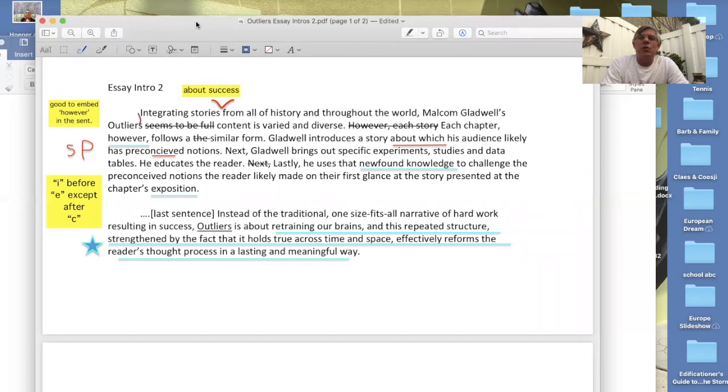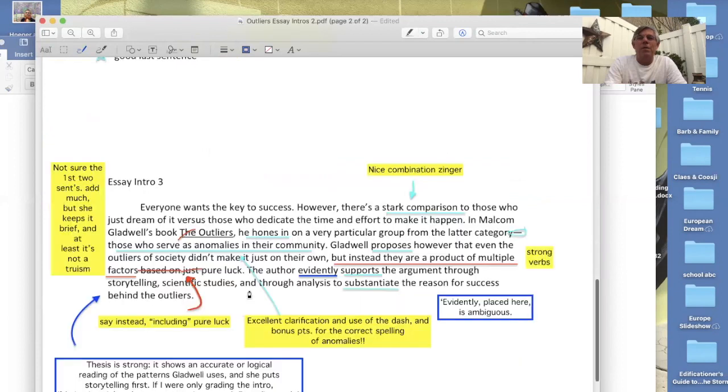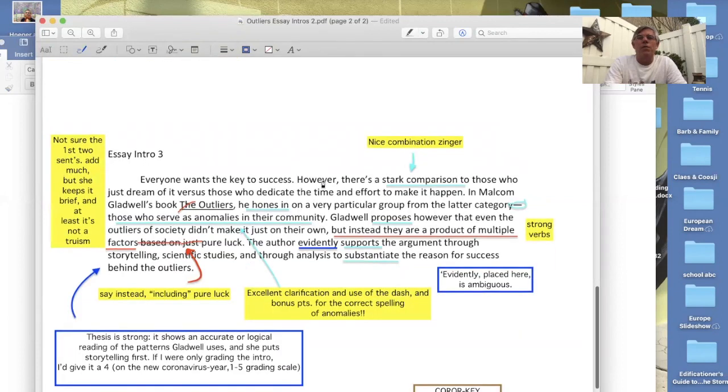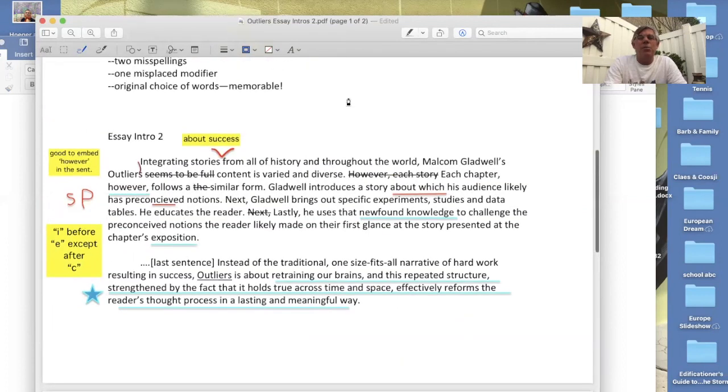I think you should look for an opportunity to embed, and I would say 70% of the time it's better to have it not as the first word in the sentence. However, this one is the first word, and it works there. I think you could say there's a stark comparison, however, to those who just dream of it, but a lot of it depends on how it sounds in the flow of the sentence that comes before it.